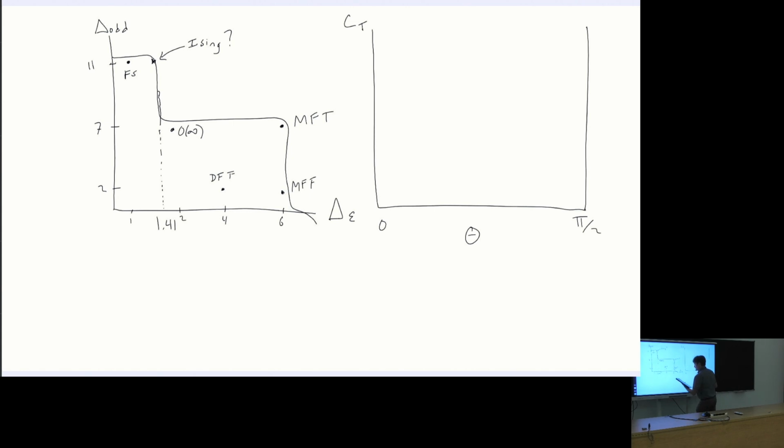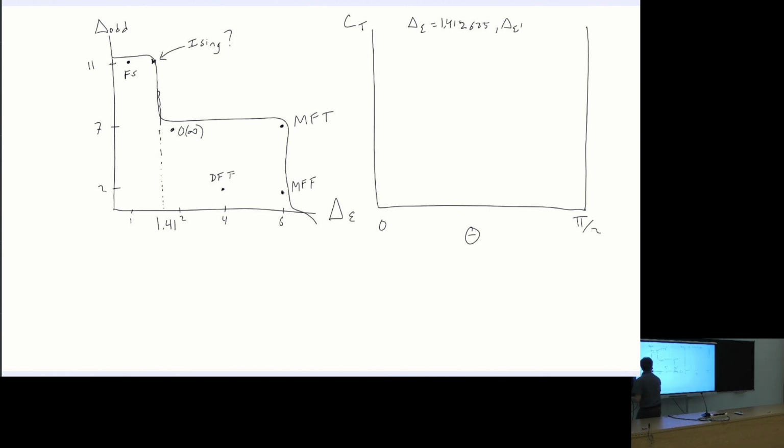And if you start putting in gaps that you expect for the Ising model, put in the delta epsilon gap, what is theta?